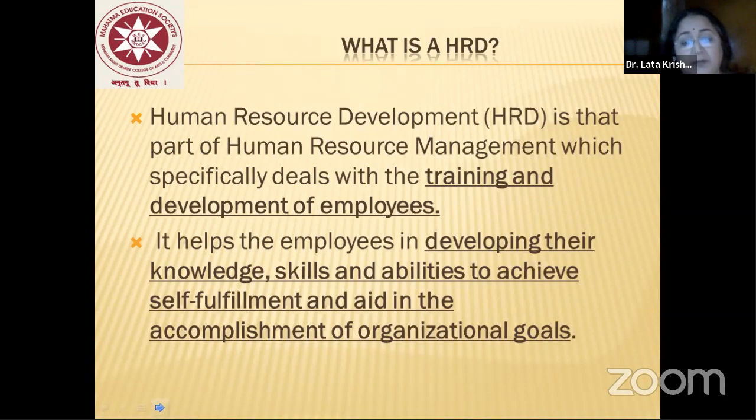So first of all, employees who are working in a business organization have to be developed so that there is self-fulfillment. They are happy that they have the knowledge and the skill and they are able to do their tasks and achieve their goals. And by doing that, they're not just achieving their own individual career goals, they're also accomplishing the team's goal or the department's goal, and finally, the goal of the whole business organization.